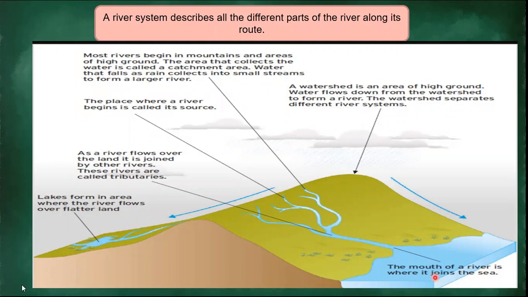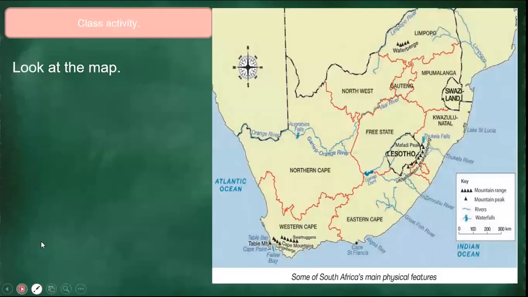Let's move to do our activity. Okay, look at the map. This is the map of South Africa. When looking at the keys here, we have mountains. When looking at the map, you'll see these small triangles, they portray mountains, okay? And then this one portrays a mountain peak.